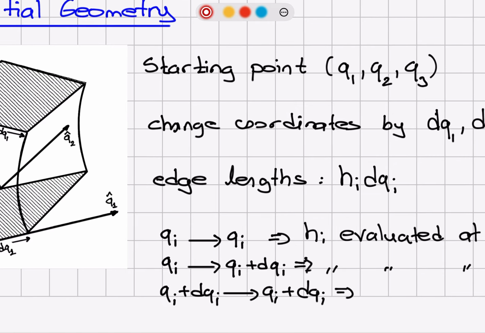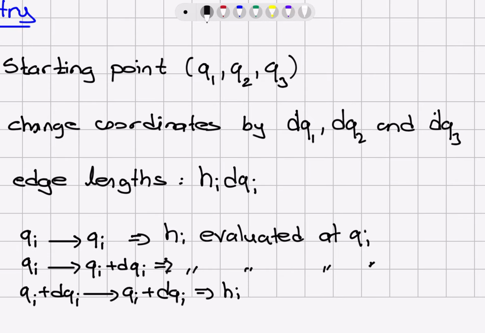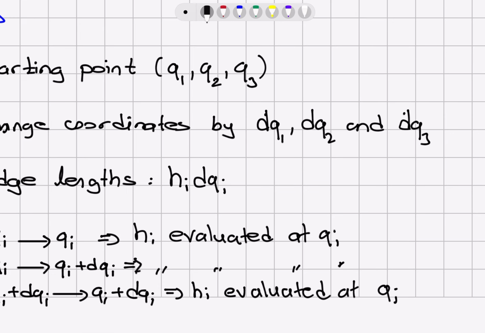So it's going to be hi evaluated at qi plus dqi if it is going from qi plus dqi to qi plus dqi.